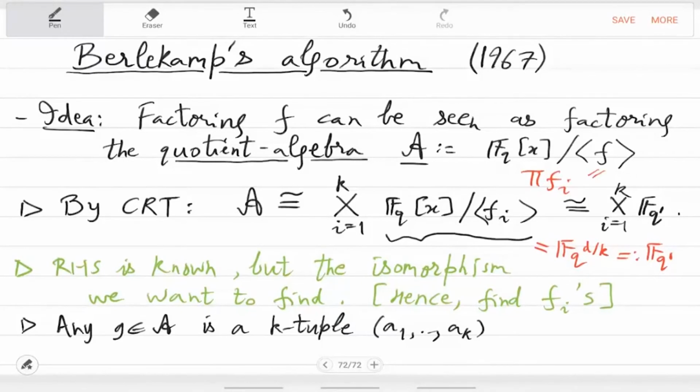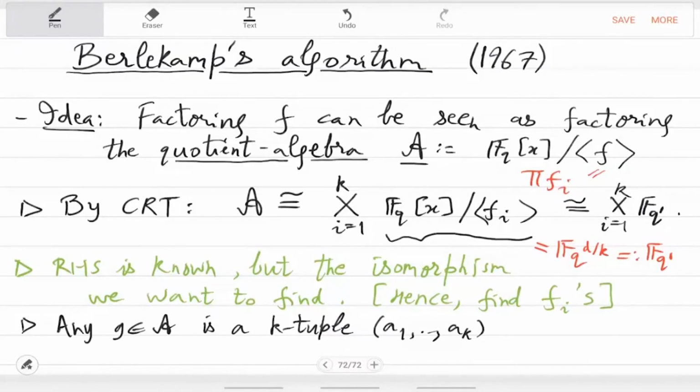You pick any element in this quotient ring Fq[x] mod f, let's call it g, and under this unknown isomorphism, g, by Chinese remaindering, will map to a k-tuple.